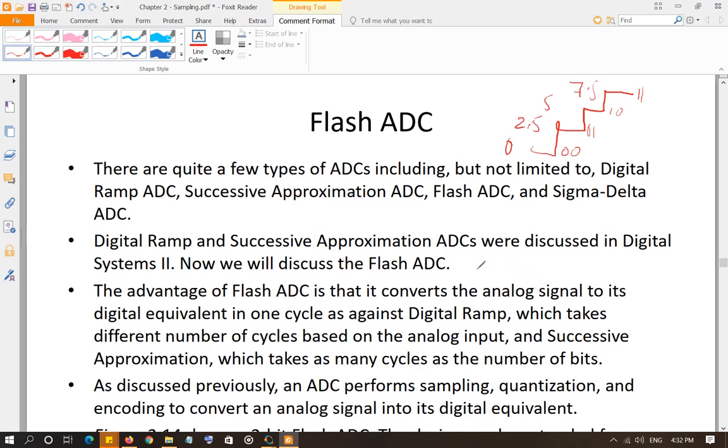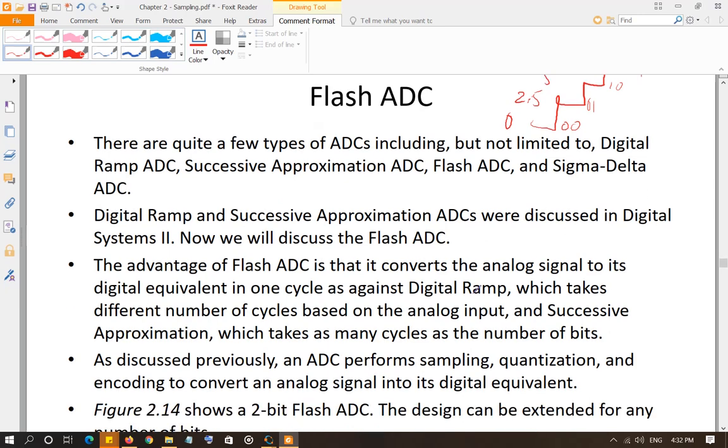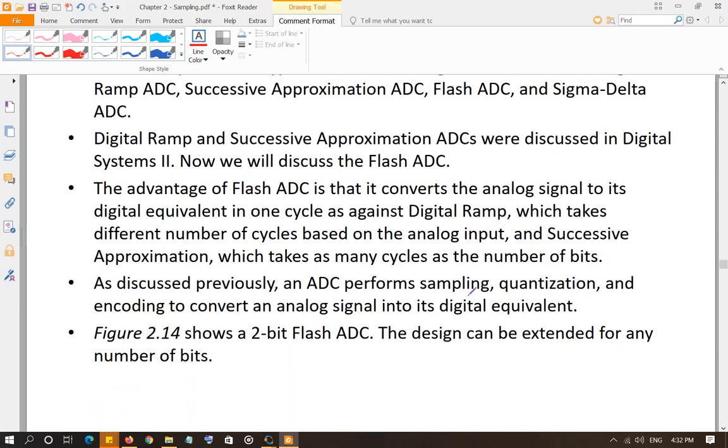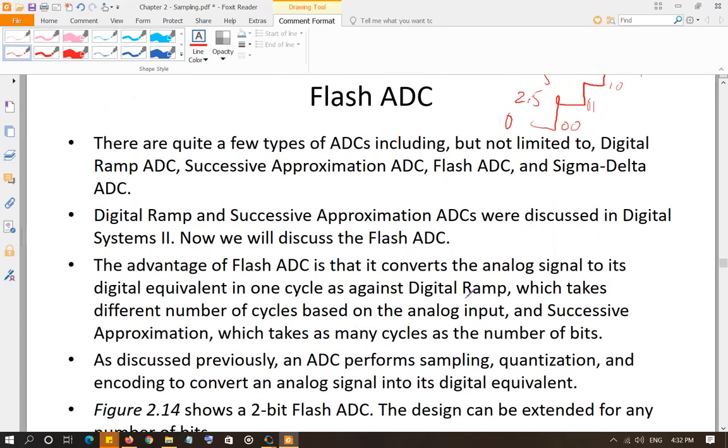Okay, now specifically how does a Flash ADC work? Before we discuss Flash ADC, let me remind you, when you took Digital Systems 2, you discussed at least 2 different types of ADCs, which were digital ramp ADC and successive approximation ADC.